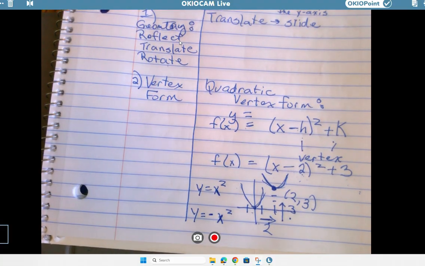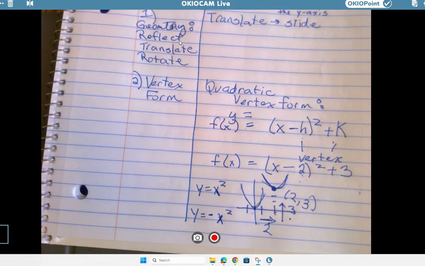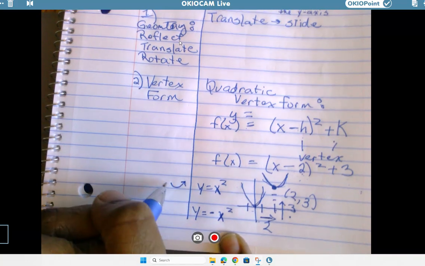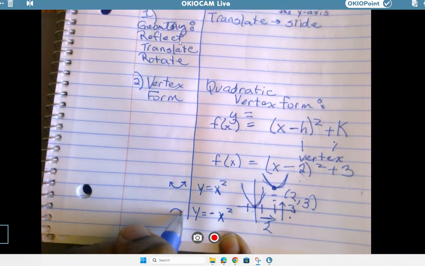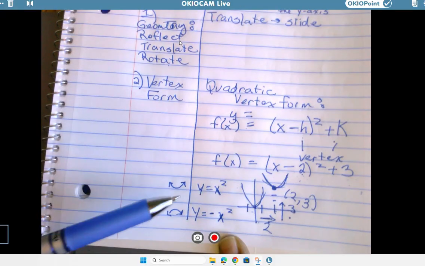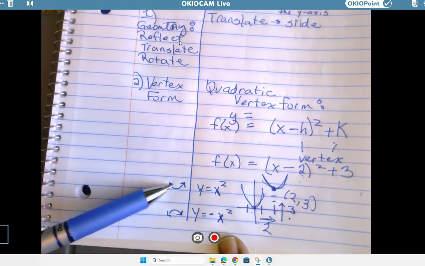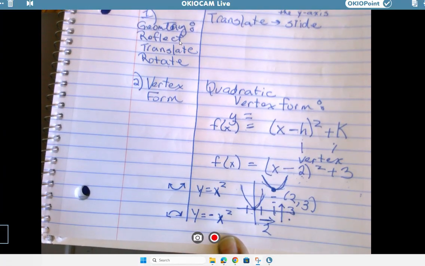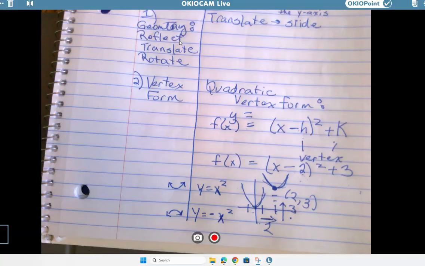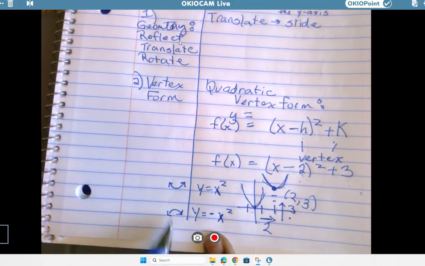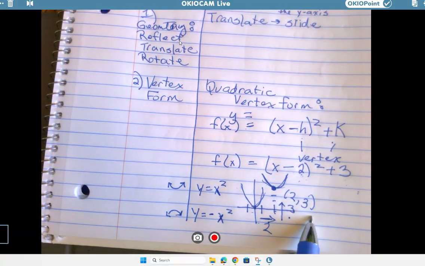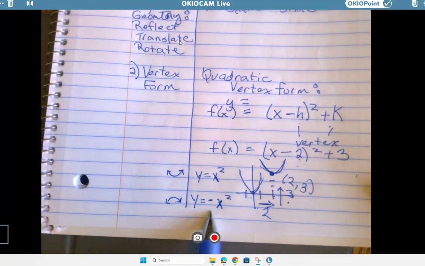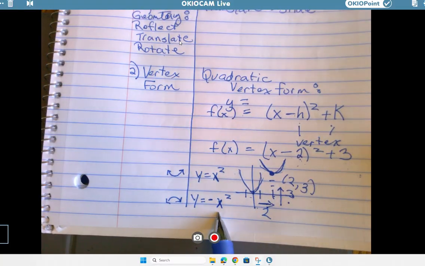It's not going to be a U, it's going to become an N. So this one will be a U, this one will be an N. Did we reflect, translate, or rotate? Rotate. I mean, technically we could have rotated 180, but we reflected across the x-axis. Okay? So, that was the minus sign in front of the x.